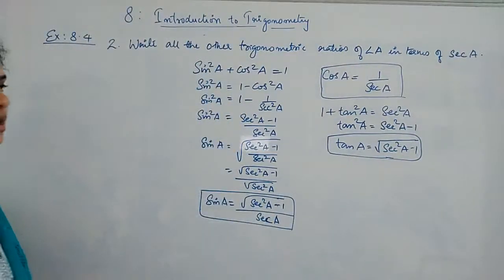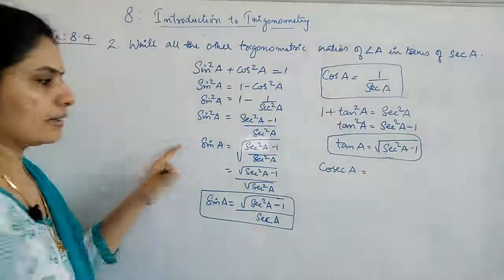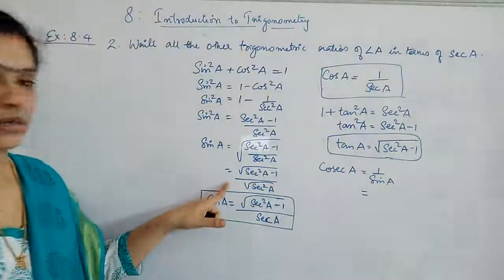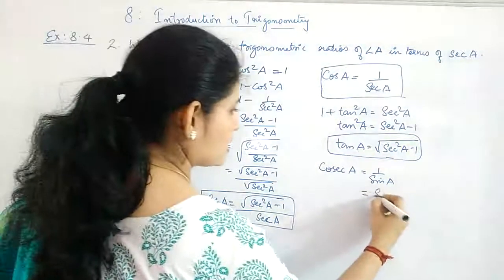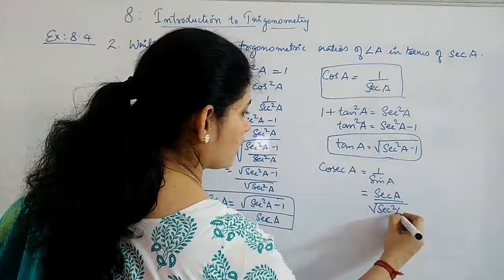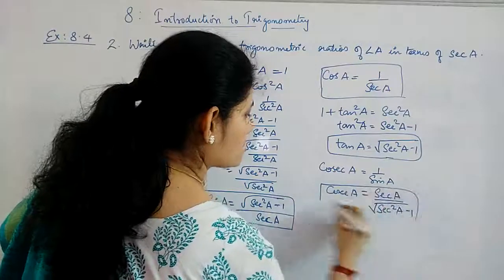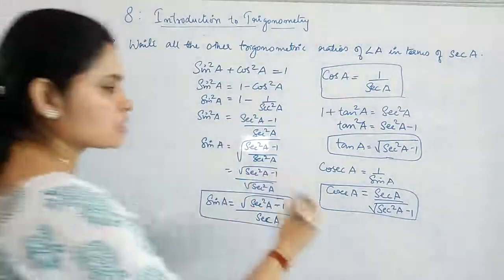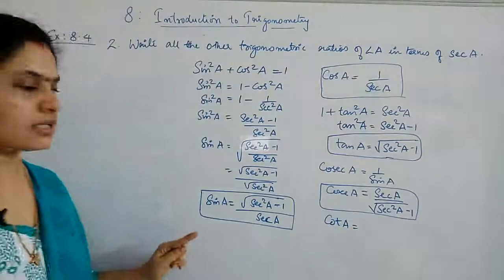Now next thing is cosec, and you know that cosec is the reciprocal of sine. Cosec is 1 by sine. So what you will get is, you can just reciprocate this one so that you will get sec A in the numerator and denominator will be root of sec square A minus 1, which is your cosec A. So you got your cosec also. Next thing is cot A. Cot is again the reciprocal of tan.